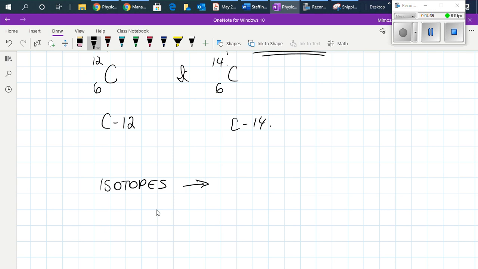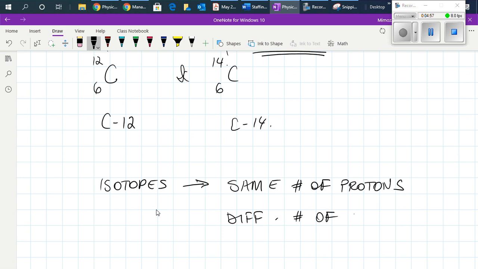Isotopes have the same number of protons, because protons are the ones that define what the element is, and different numbers of neutrons within the nucleus.